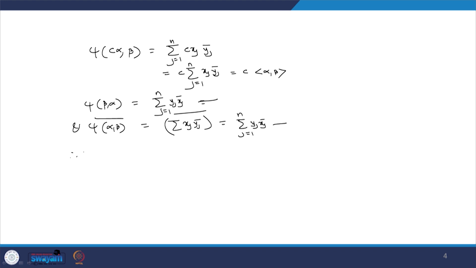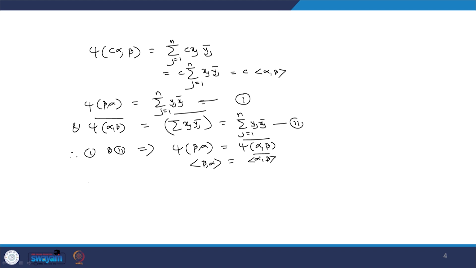So, if I consider this as 1 and this as 2, then 1 and 2 imply that psi of beta alpha equals the conjugate of psi of alpha beta. So, the inner product of beta alpha is equal to the conjugate of the inner product of alpha beta.